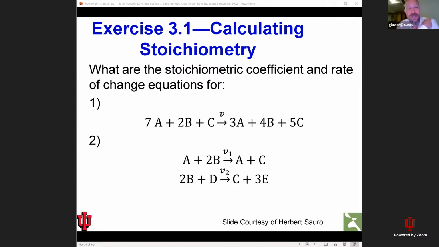Right, what's the trick? The number 2, what's the rate of change of A? There is no change. 0. That's the tiny little trick. Okay, now what about B? So -2 times V1 -2 times V2.